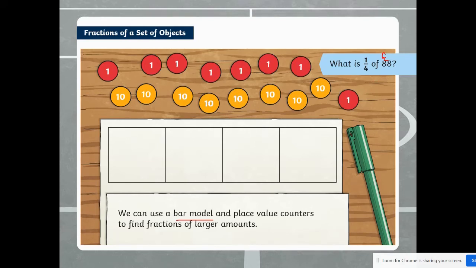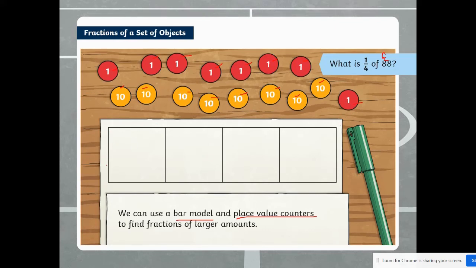So I'm using these counters with numbers, place value counters, to find fraction for larger amounts. So, how do we do it? Now, if you count these, we have 10, 20, 30, 40, 50, 60, 70, 80, 81, 82, 83, 84, 85, 86, 87, 88. Now let's divide this amount equally.